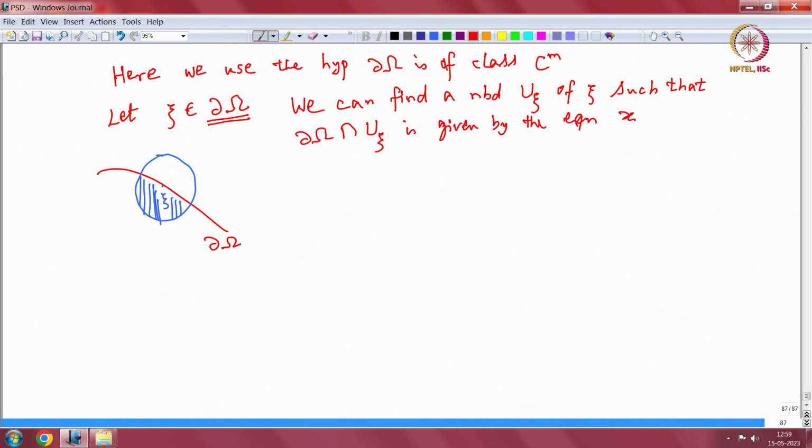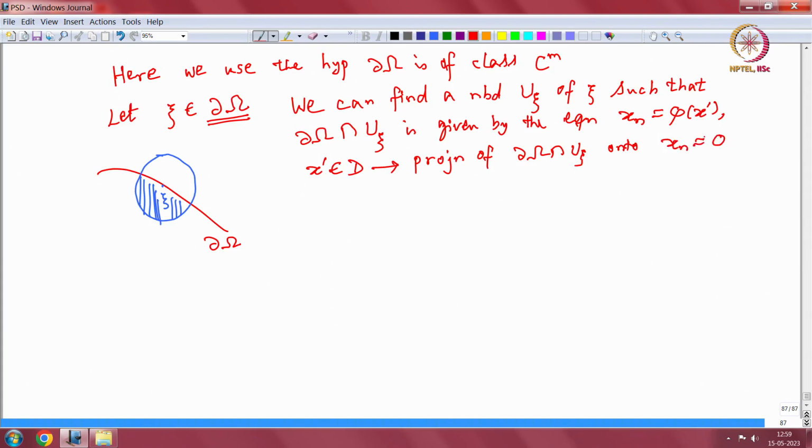xn equal to phi of x prime. So, x prime is again in some d. So, this is the projection of del omega intersection Uj onto xn equal to 0.